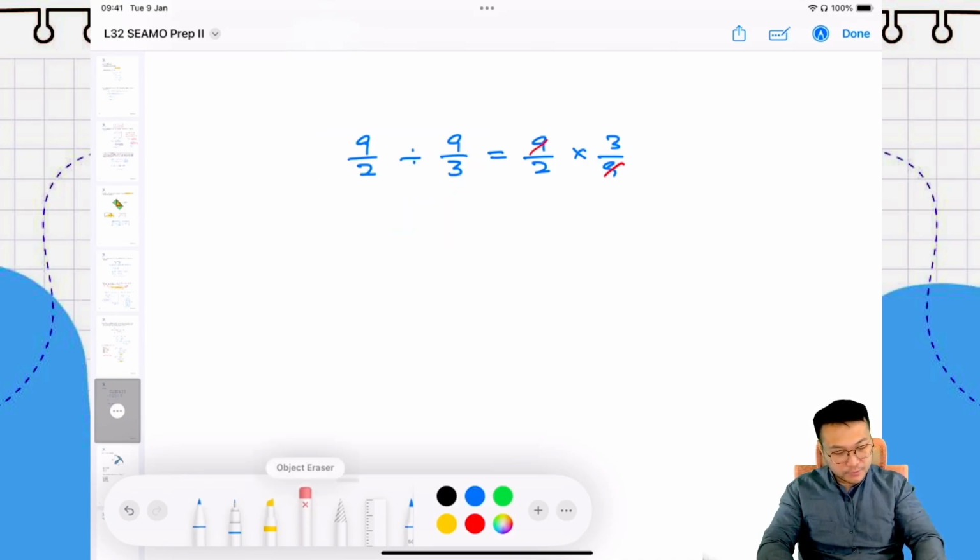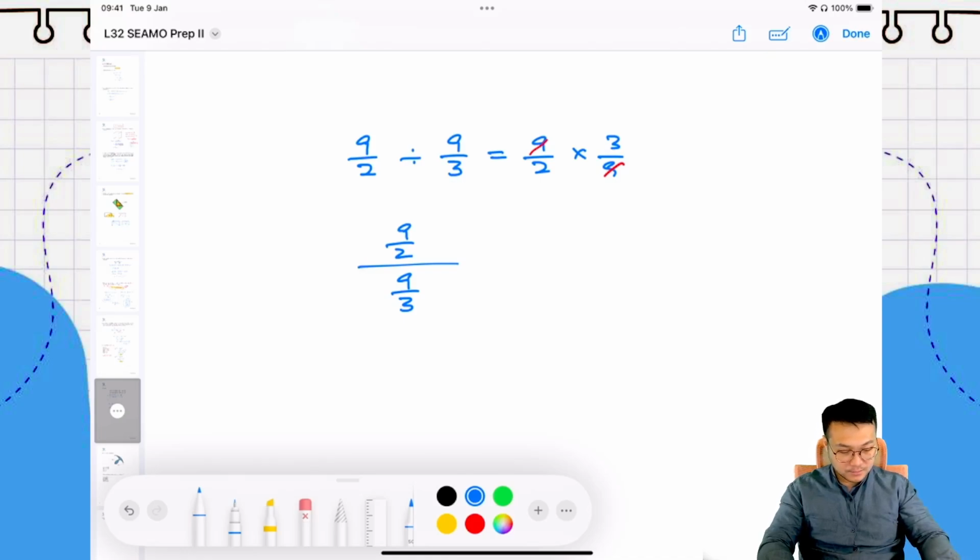Before I rewrite it, let me ask you what is the meaning of this line? Divide. Very good. So since the line means divide, can I just write 9 over 2 divided by 9 over 3? Yes or no? Yes. Can I cancel out the 9? Yes, I've just proven it to you. I've proven that you can cancel out the 9.